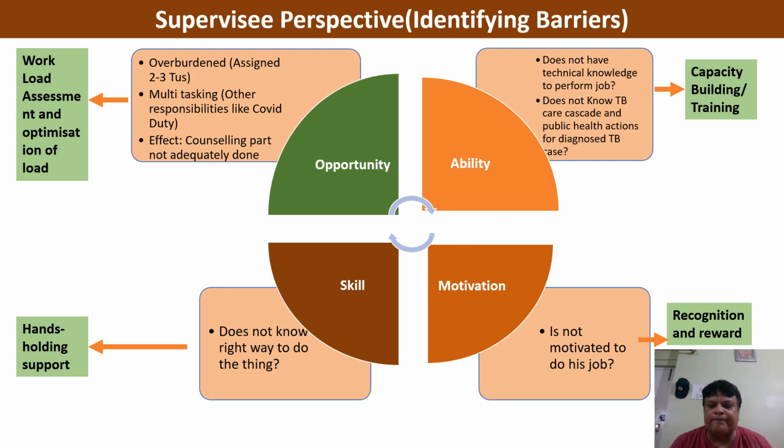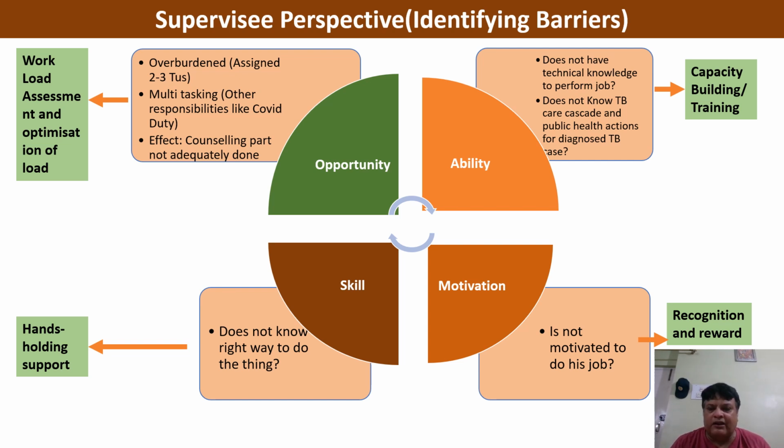Before doing supervision in a quality enhancement program, it is necessary to assess whether there is an opportunity barrier. What does opportunity barrier mean? Suppose a person is overloaded, overburdened. An STS is placed at Sadar Hospital, and the footfall during OPD hours is such that he does not get adequate time to provide counseling support to the TB patients.